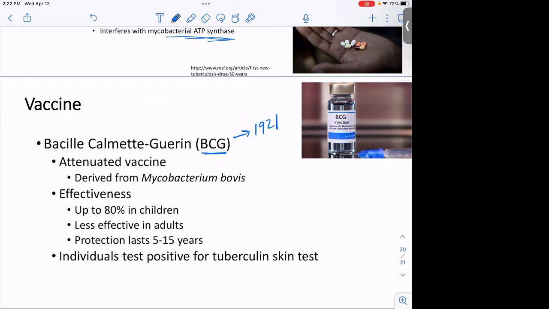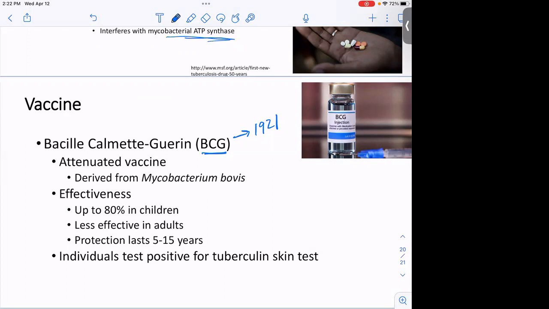So the World Health Organization just came out last year and said, this vaccine is 100 years old. We can do better. We need more research into this to make a better vaccine. Part of the problem is we don't have a good animal model for human tuberculosis.